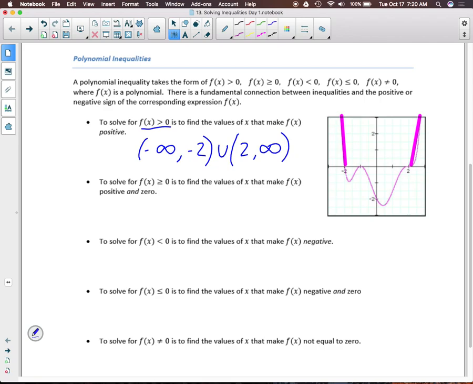Now we get a little bit tricky here. So it says if we are greater than or equal to 0, I actually need to include that point as well as -2 and +2. So there's a couple different ways we could do that. This is the way that I'm going to suggest we do it. Let's put a square bracket like that, and then I need to include this -1 here.